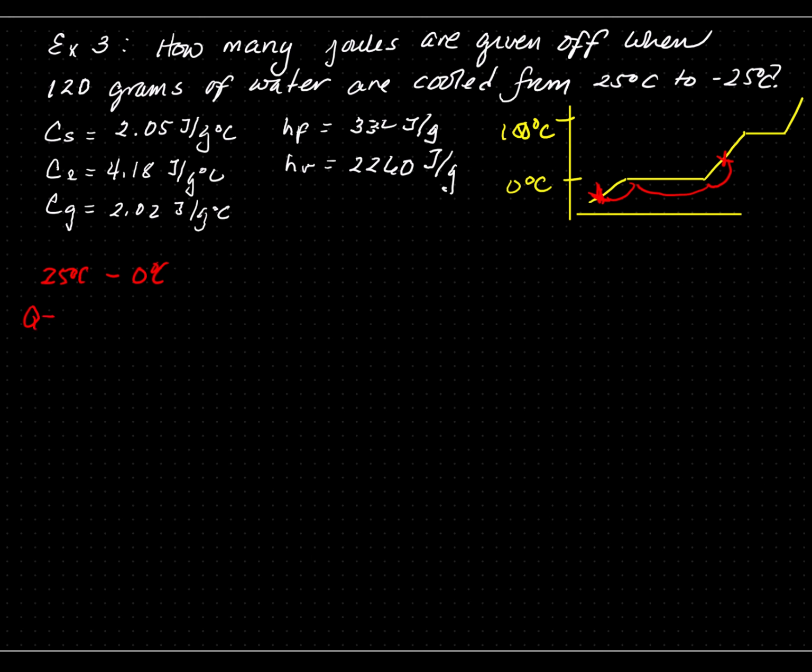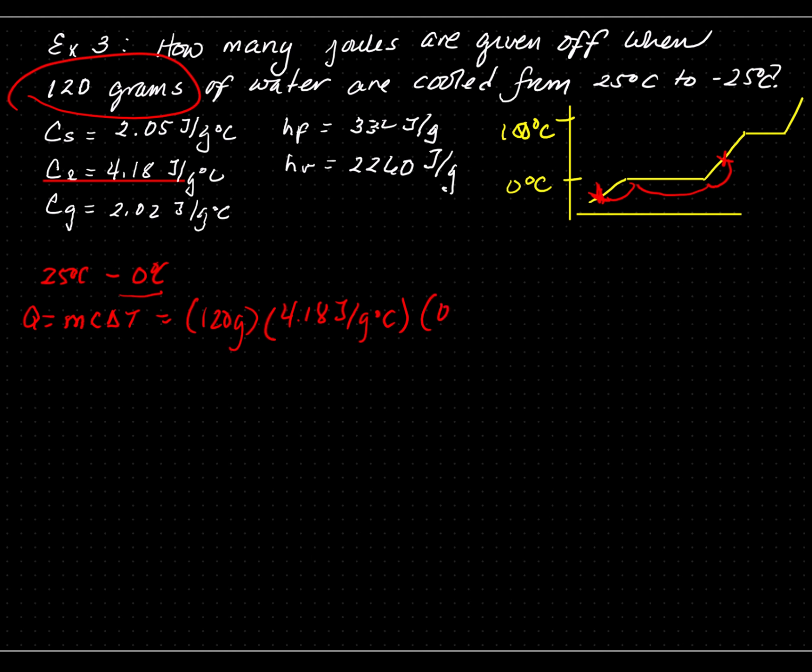Since there's a temperature change, it's going to be Q equals mc delta T. My mass given is 120 grams. My C is liquid, so I have to use 4.18 joules per gram degrees Celsius. My final temperature is 0 degrees Celsius.